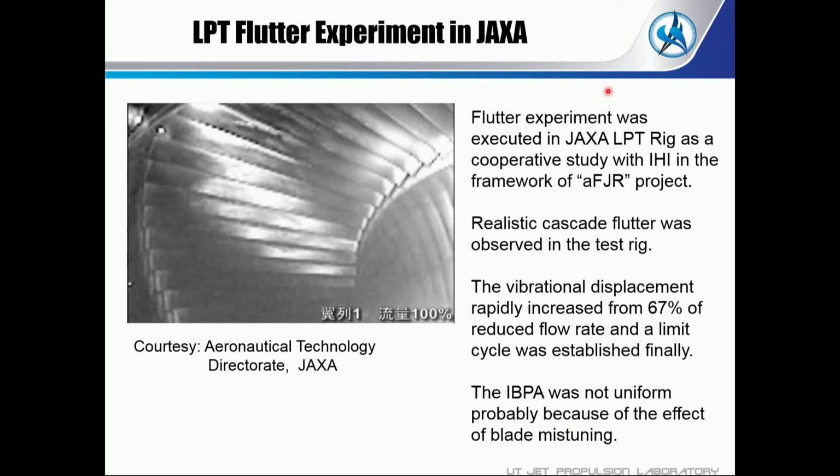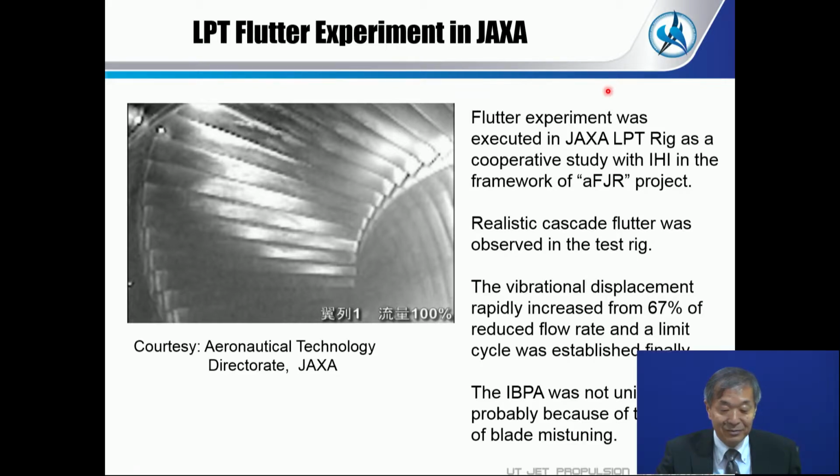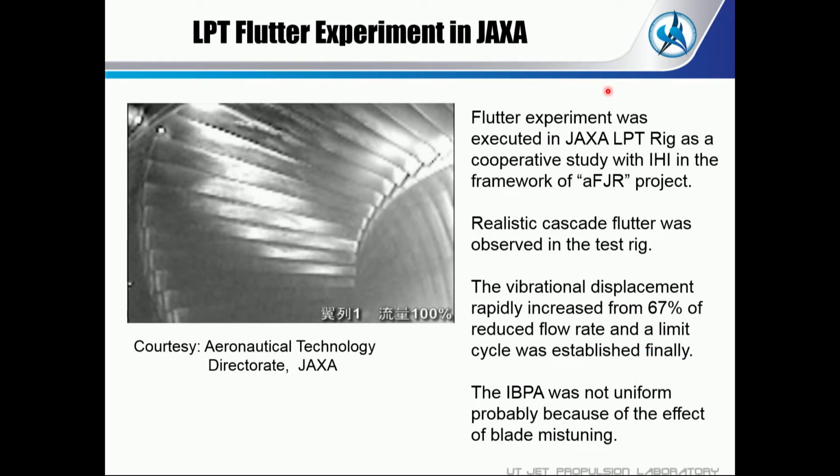And they got success, because this is a flutter design of the LPT. Here they got a flutter case, so realistic cascade flutter was observed in the testing. That is a very rare case all over the world because this kind of experiment is very dangerous.